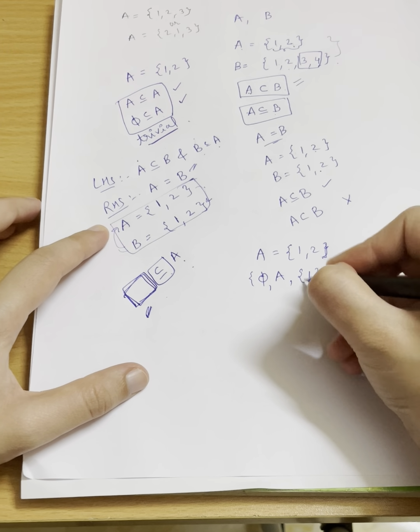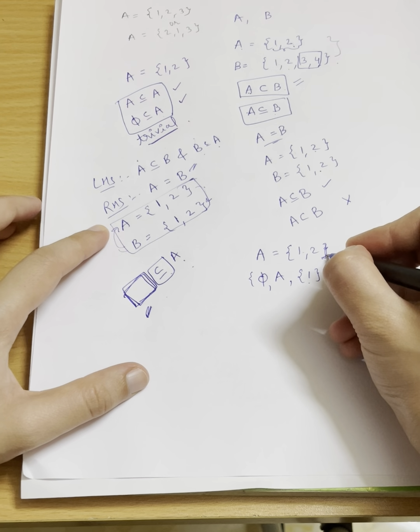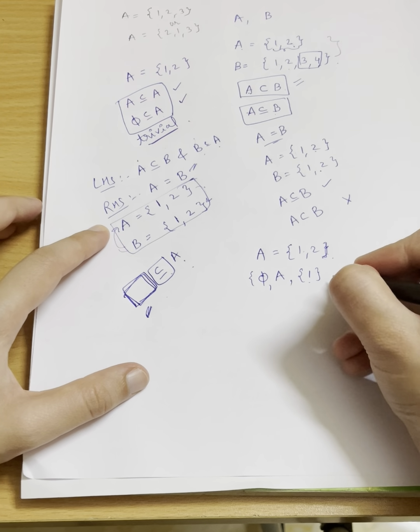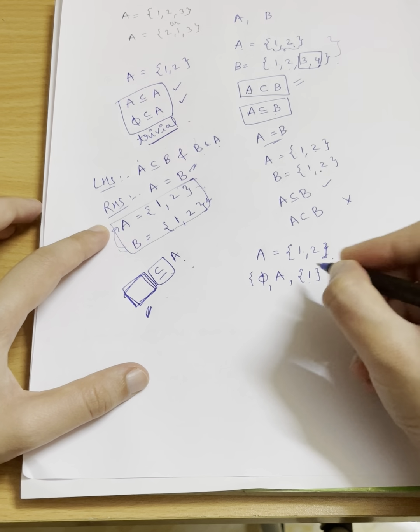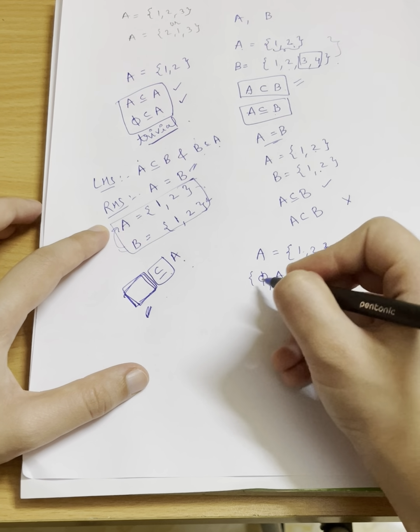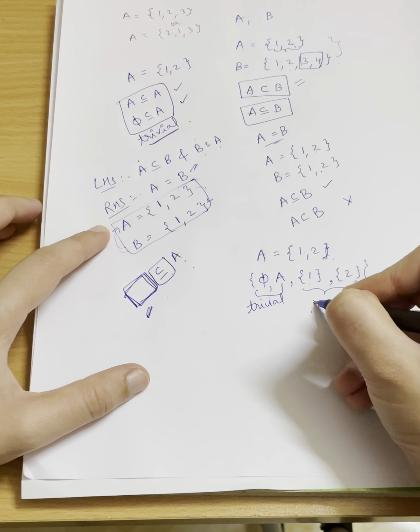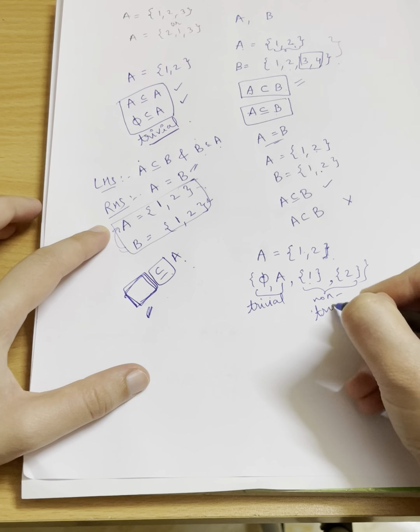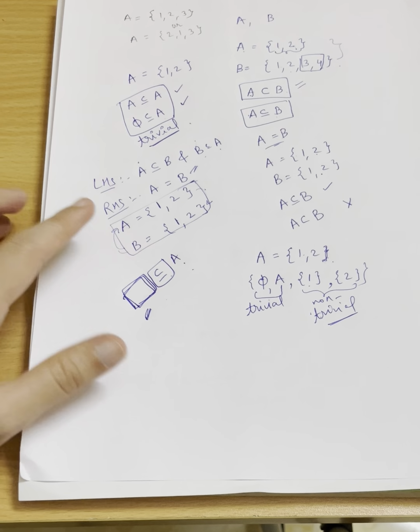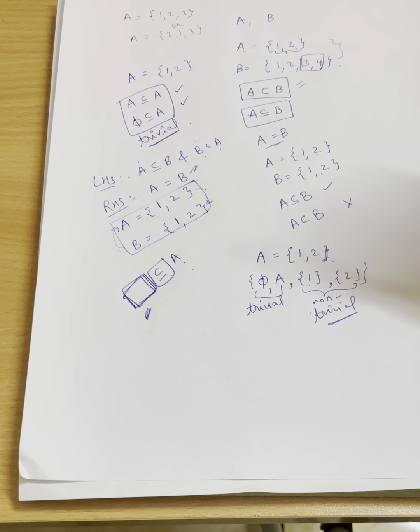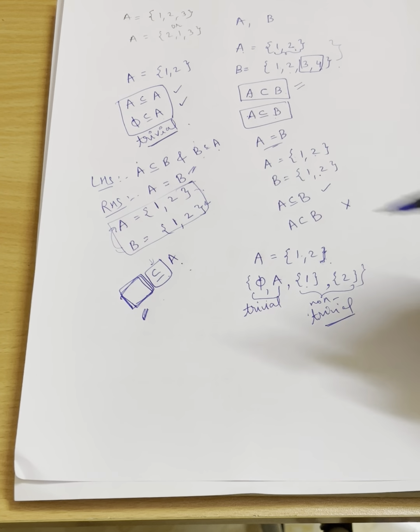Single one. This is one set which is a subset of this whole set. Another one is {2}. Any other? No. So these two are trivial ones, and these two are non-trivial.